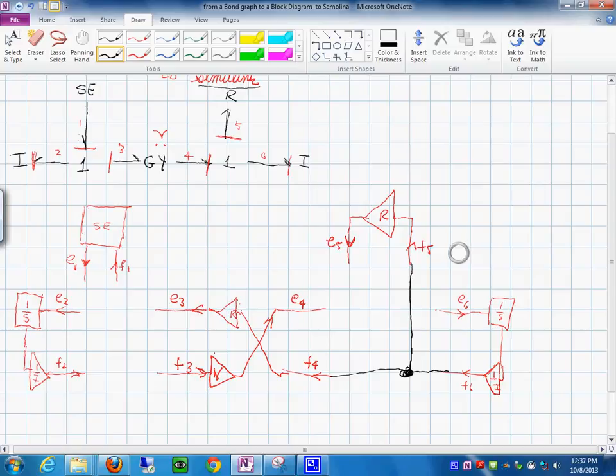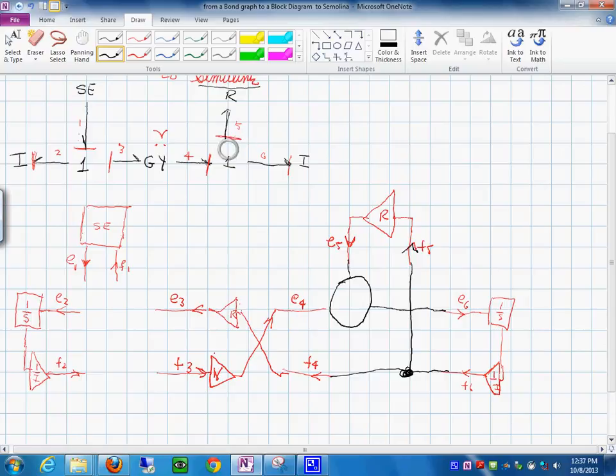And then you have this, and then you're going to have the efforts add, like this. And you have the two efforts, and then E sub 6 in here.